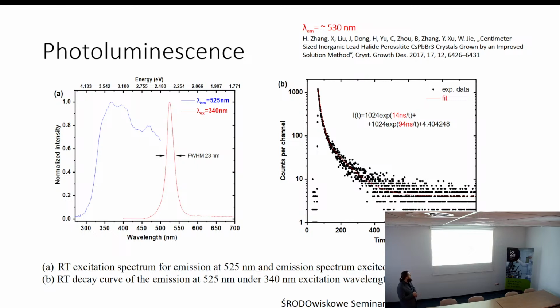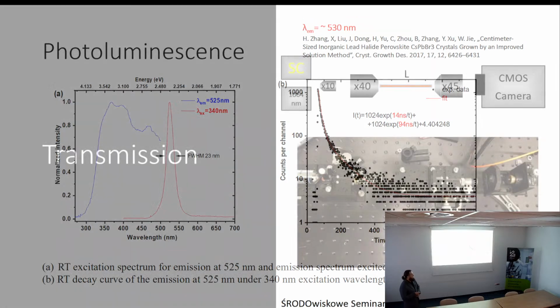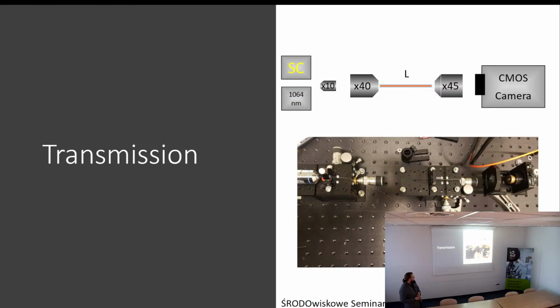We have a huge absorption band and an emission band at 525 nanometers, which again matches the literature. So definitely we have photoluminescence and perovskite.